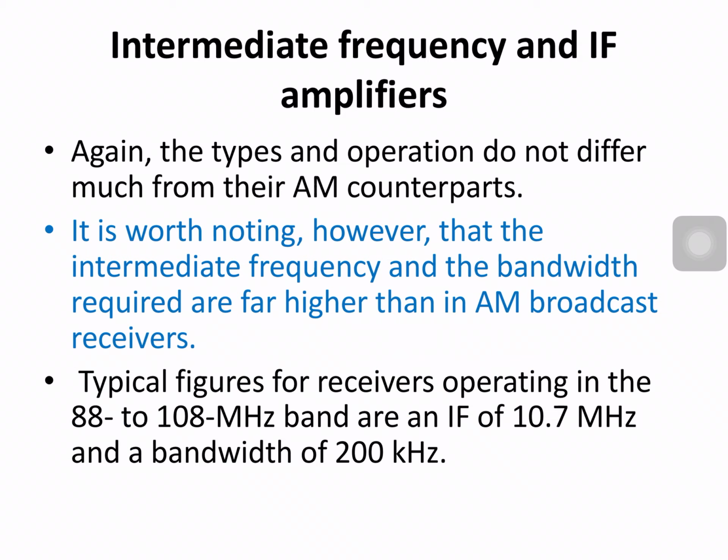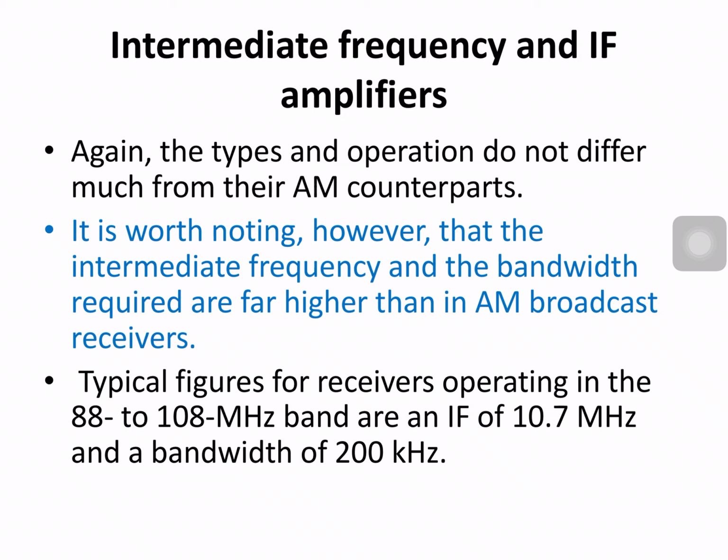Again, the types and operation do not differ much from their AM counterparts. That means the operation and types of intermediate frequency amplifier are not different from AM. It is similar to AM. The intermediate frequency and the bandwidth required are far higher than in an AM broadcast receiver. Here the frequencies are very high.